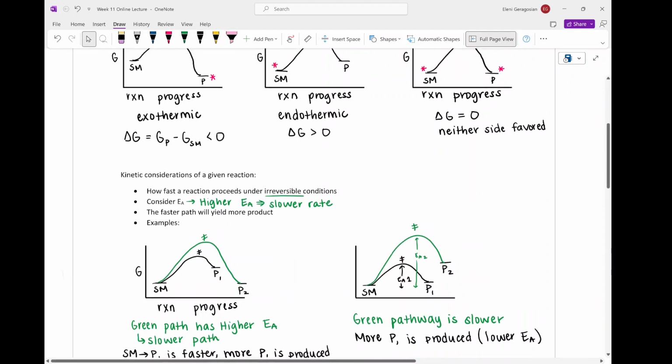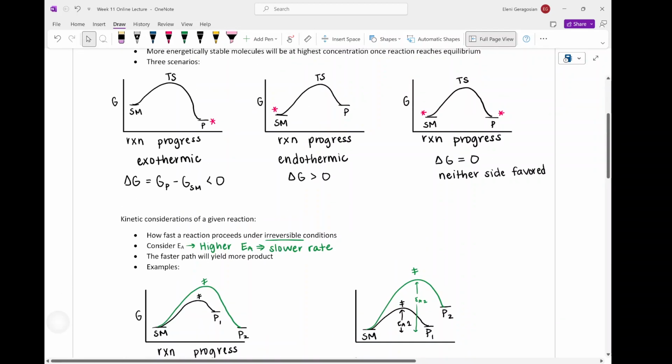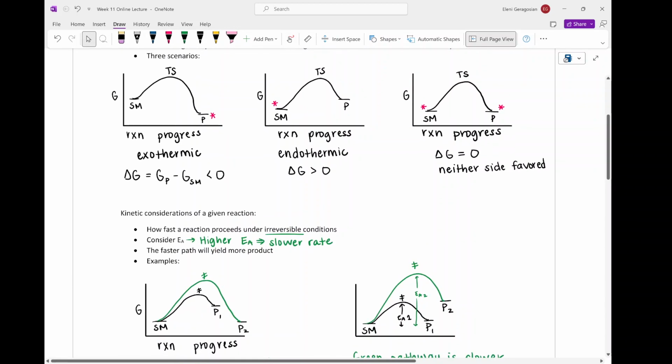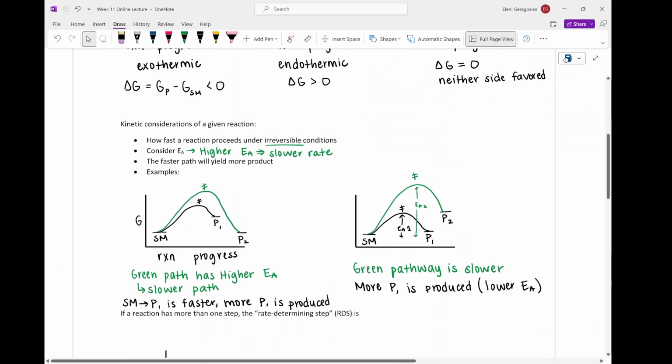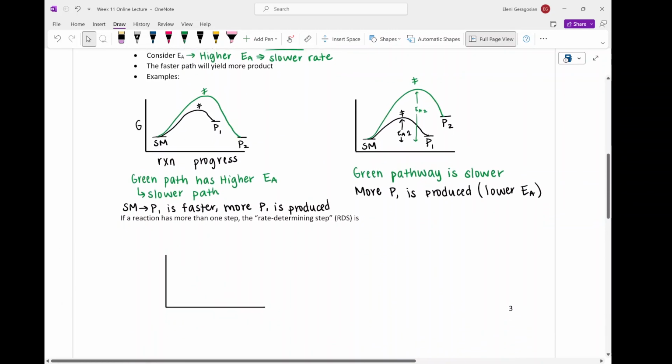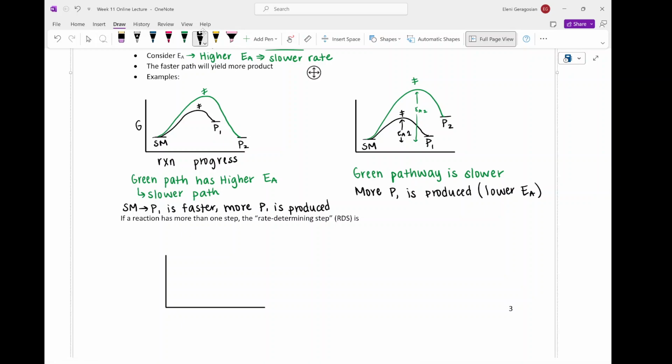Now, so far, all of these reactions that we've drawn today on this page are one-step reactions with one transition state. But I've mentioned in class that if a reaction has more than one step, then it has more than one transition state. And so if a reaction has more than one step, the rate determining step, the step that determines the overall rate for that reaction, is the step that goes through the highest energy transition state.